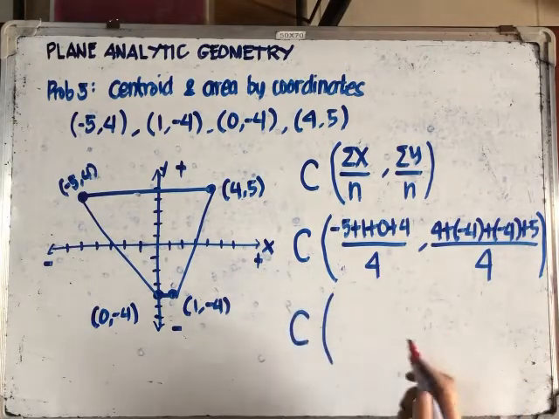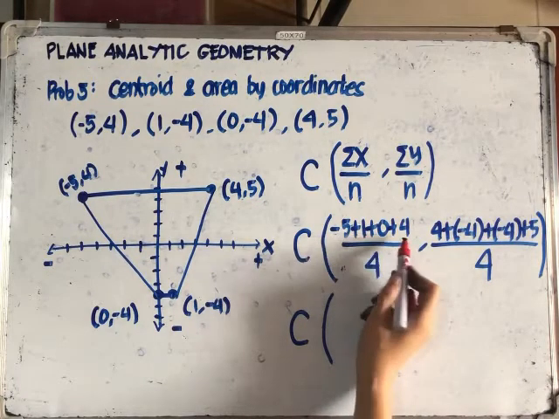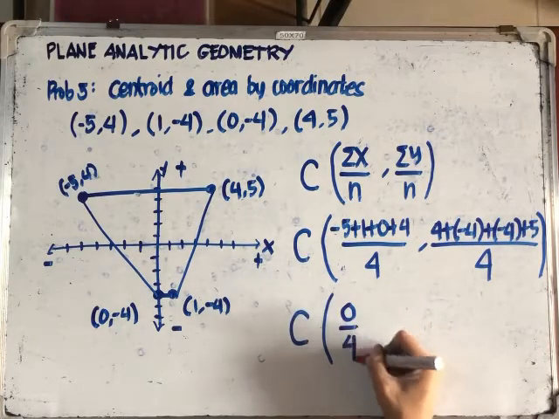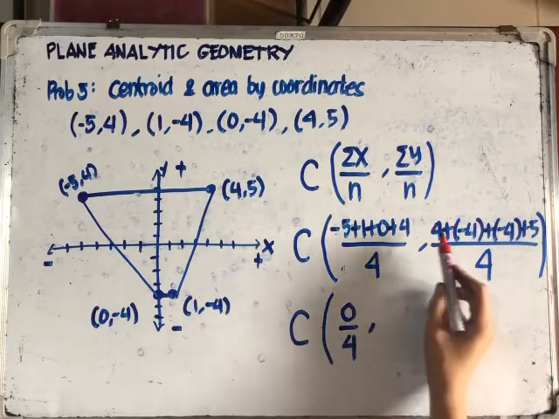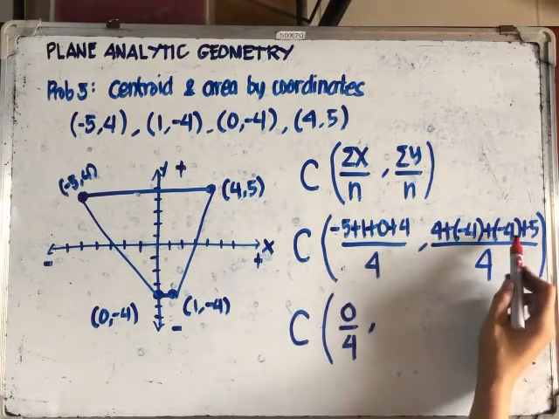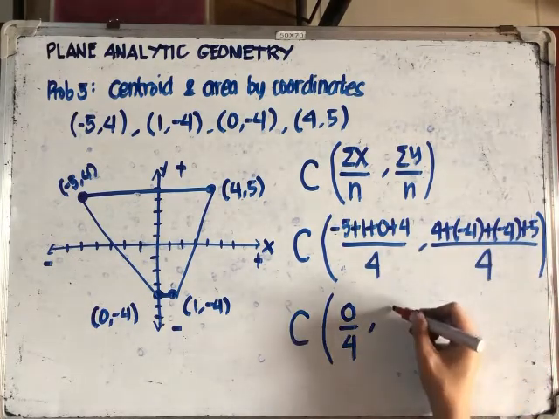Okay, for x coordinate first, negative 5 plus 1 is negative 4. Negative 4 plus 4 is 0. So this is 0 over 4. And for y, 4 minus 4 is 0. You have negative 4 here plus 5, that is 1 over 4.